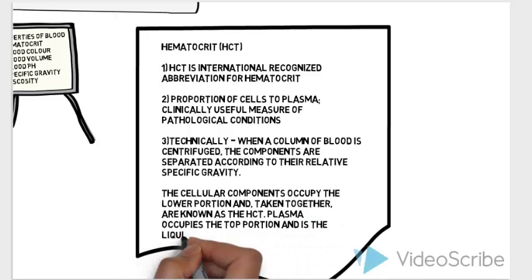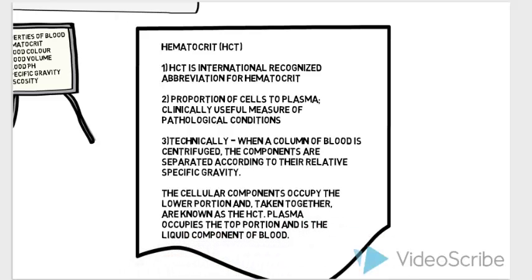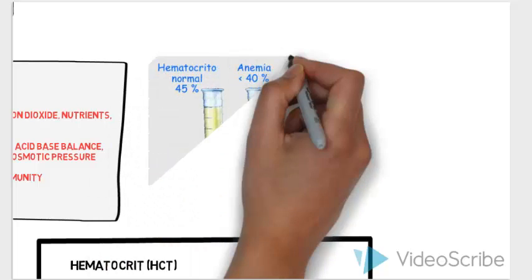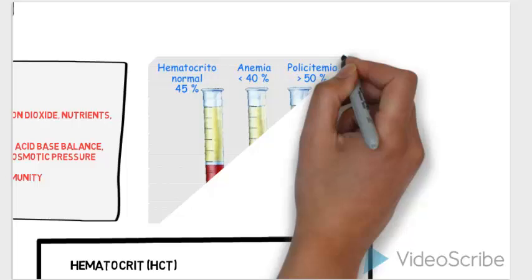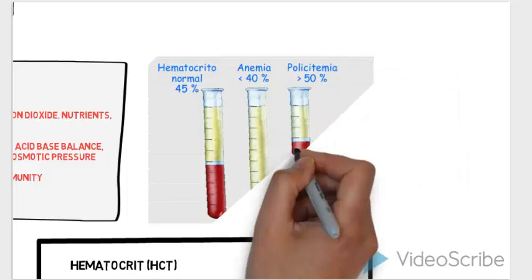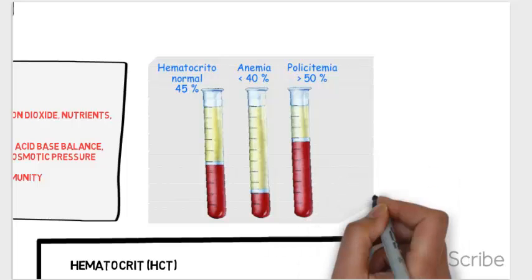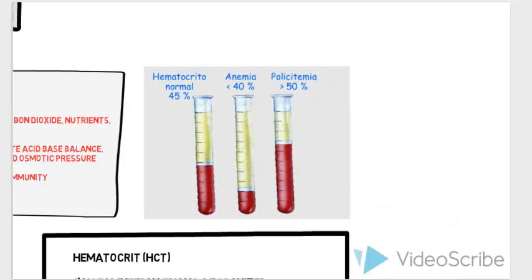And you can see it in the following picture. You can see hematocrit in normal condition, which is the volume of the blood cells, is around 45%. Below 40% it is anemia, and above 50% it is polycythemia.